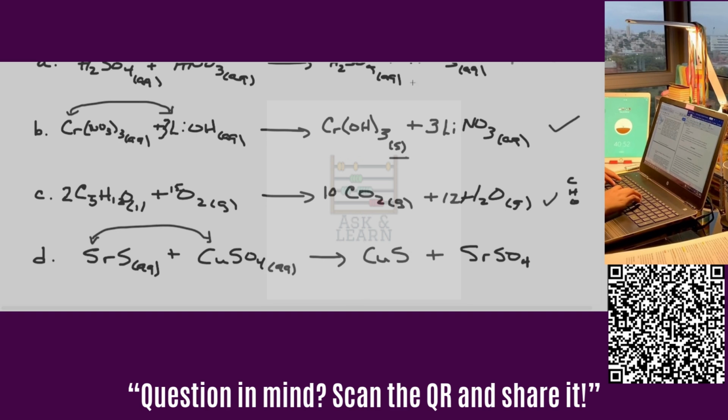Sulfides are generally insoluble. Copper is not an exception, so that's a solid. Sulfates are generally soluble, but strontium is an exception. That makes it a solid. So we've generated solids on the right-hand side. That means that this reaction has occurred.